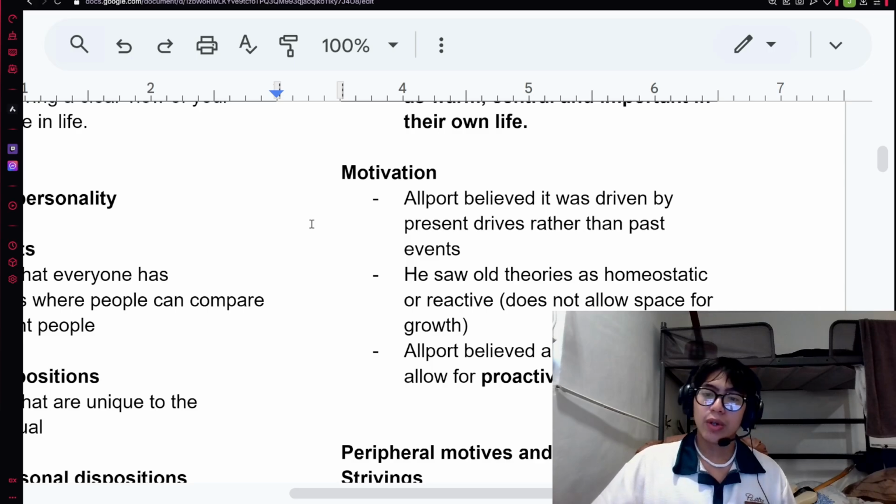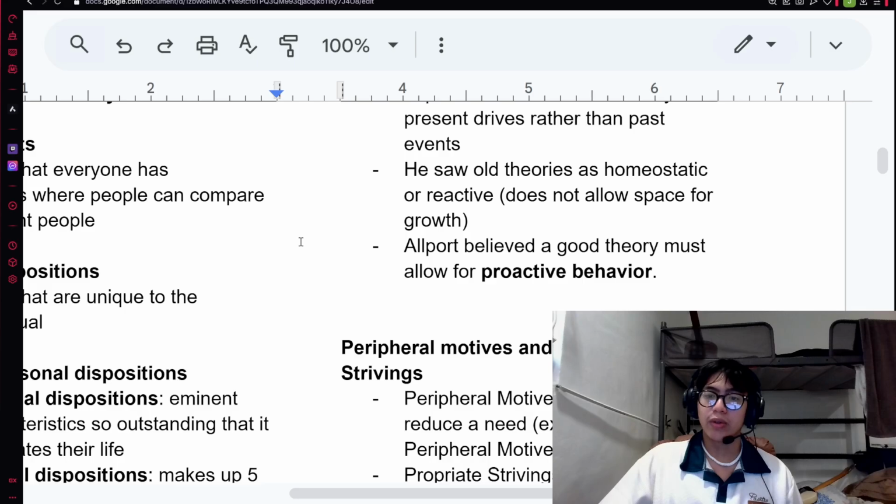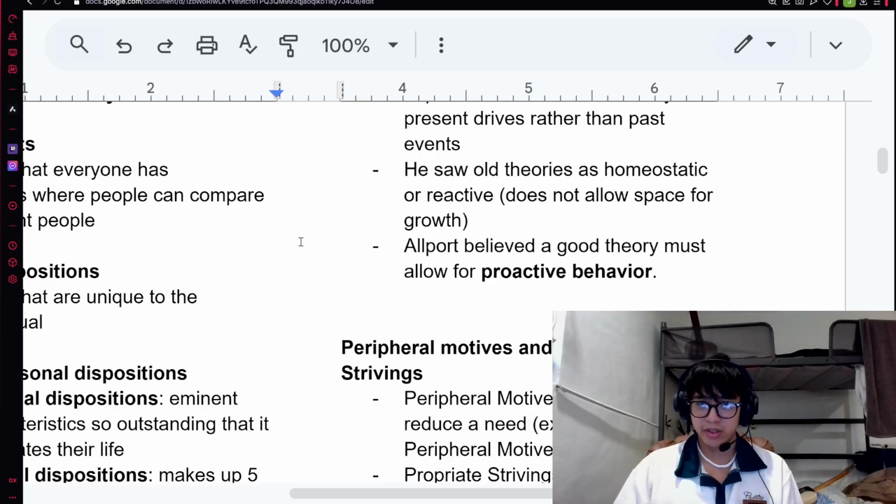And he saw old theories as homeostatic or reactive, meaning you would just stay in one place or you're just reacting to the external stimuli. And since he's a preacher of proactive behavior, he doesn't agree with this, because he thinks that you need to have space to grow. So the only way to grow is through proactive behavior, for you to actually go and do something rather than just waiting and reacting to what comes to you.